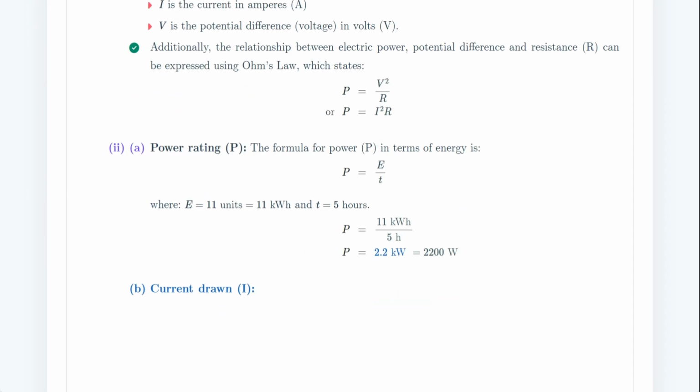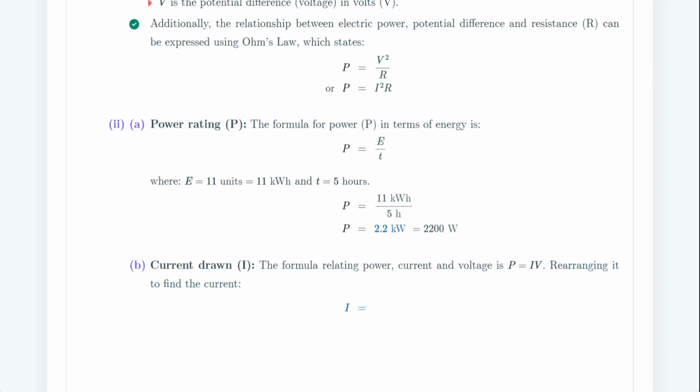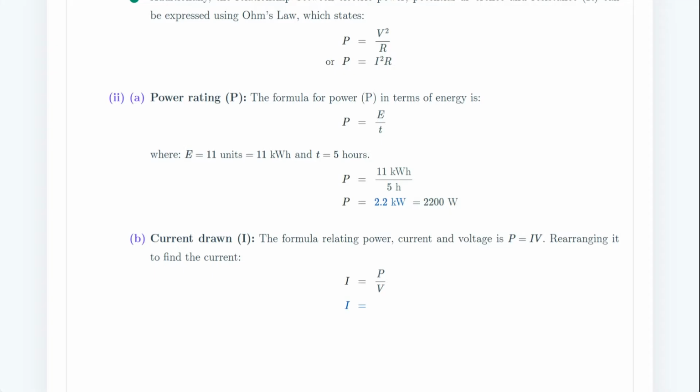Awesome. Now for Part B, finding the current drawn by this oven. The formula relating power, current and voltage is P equals IV. To find the current, we just rearrange it by moving voltage to the other side. So, current I equals power P divided by voltage V. Let's substitute the values we just found.